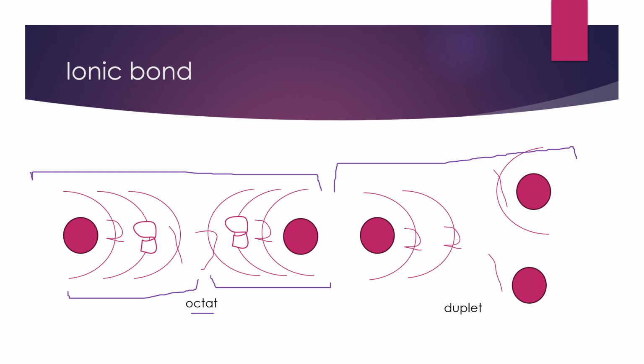Now in the valence orbit there is one electron. How? Combined, this atom could be having 11 electrons. When we divide, we put in the K shell 2 electrons, in the L shell 8 electrons, and in the M shell 1 electron.